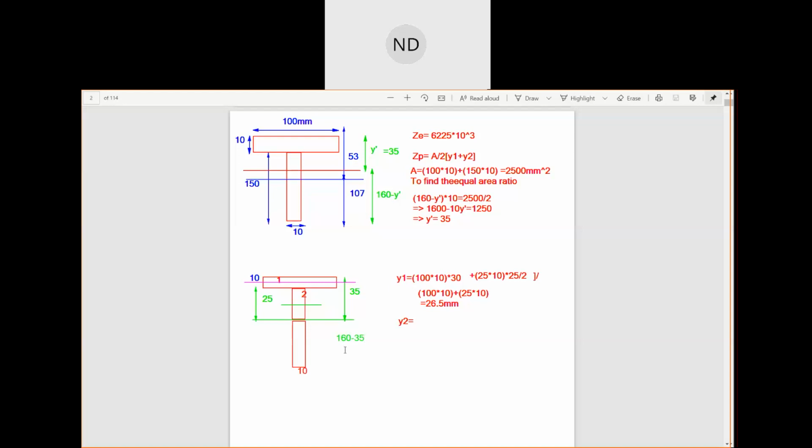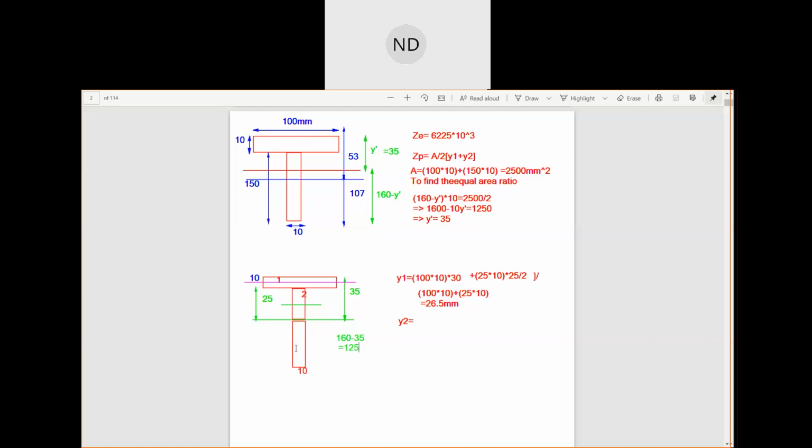So that will be equal to 125. Okay. So that means this length is 125. We have only one member below the equal area axis.